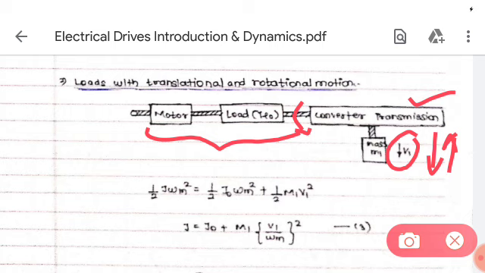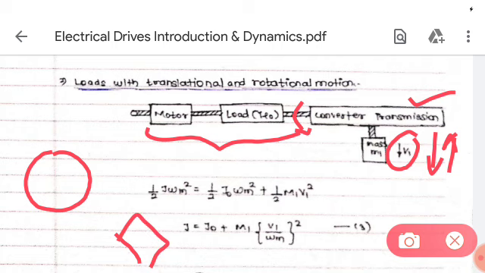Now how this system could be, you might have seen old railway engines wherein the railway wheel is like this. So it is a steam engine. A steam engine has a piston which moves to and fro.